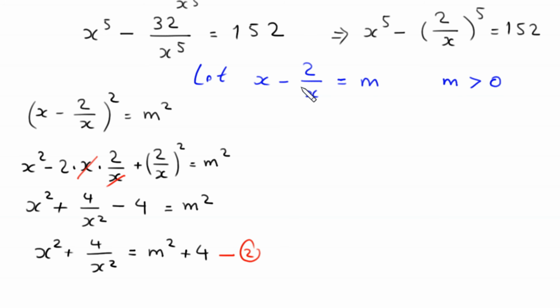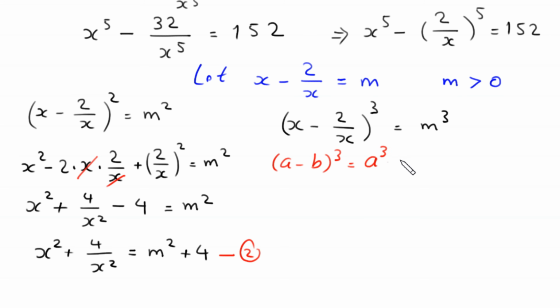Now we take cube of both sides of this equation. This will become (x minus 2 over x) whole cubed is equal to m cubed. By using this algebraic identity, (a minus b) whole cubed is equal to a cubed minus b cubed minus 3ab times (a minus b).